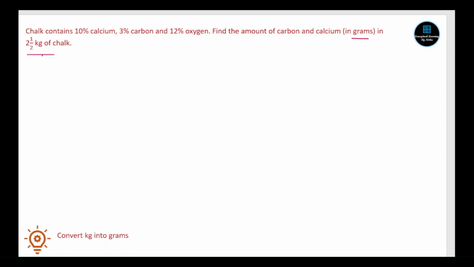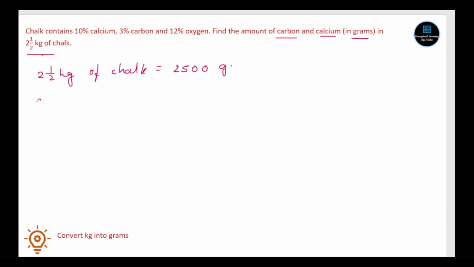So first of all, I'll convert this 2.5 kg of chalk equals, in grams, how much is this? Yes, 2500 grams. Alright. So we converted this into grams.